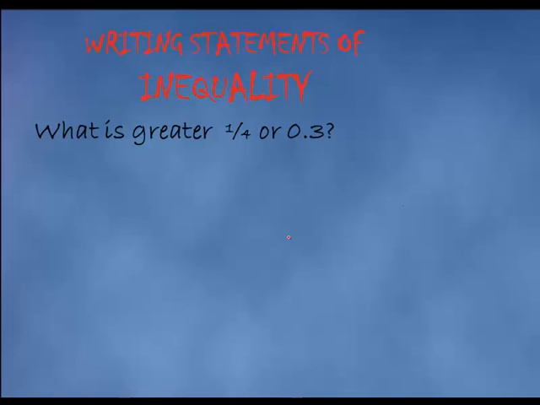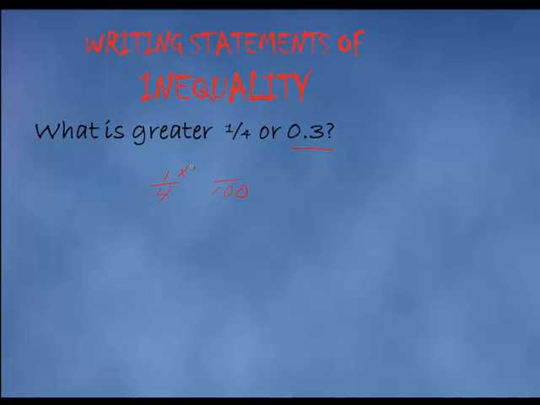Equality. Let's look at what is greater, 1/4 or 0.3. We have our decimal of 3/10. We have a fraction of 1/4. Let's convert our fraction to a decimal. 4 times what will equal 100?